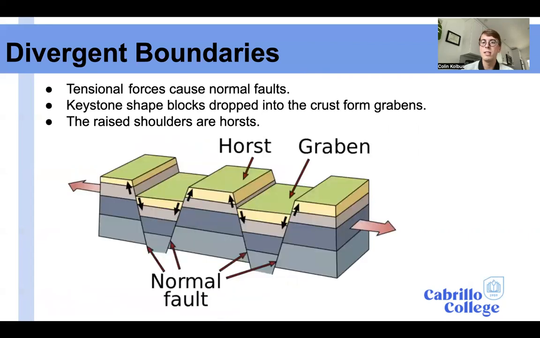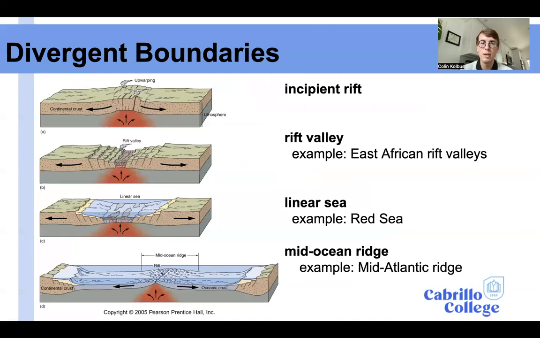Where it's occurring on the Earth's surface, it's going to form these fault zones called rift valleys, where you have chunks of Earth sinking down to make up the space that's being stretched out. You don't need to know the definitions of a horst or graben, but just know that these blocks are dropping down into the crust to make up more space as things are being pulled apart as the boundary is diverging from itself.